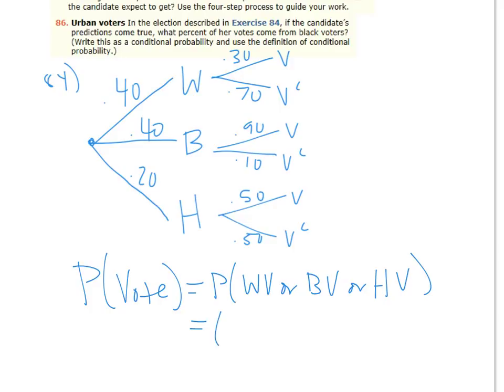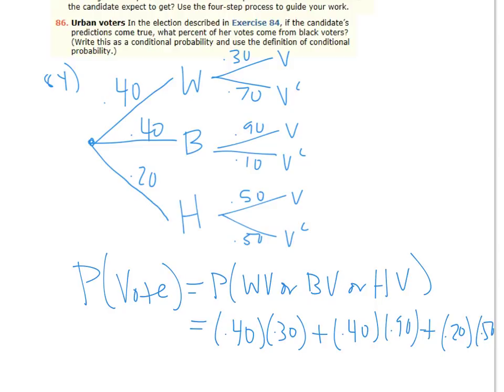White and voting for the candidate, use the multiplication rule, 0.40 times 0.30, plus for the word or, black and voting for the candidate is 0.40 times 0.90, plus Hispanic and voting for the candidate, 0.20 times 0.50, answering in decimal form and simplifying. So we get 0.58 after crunching this out in our calculators.